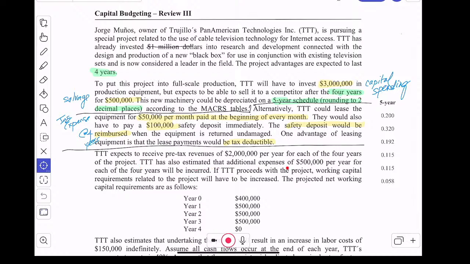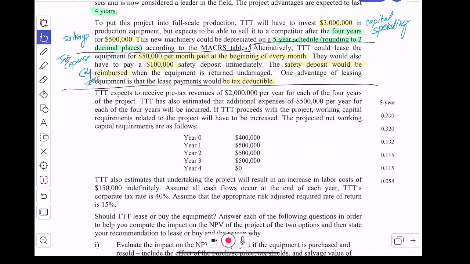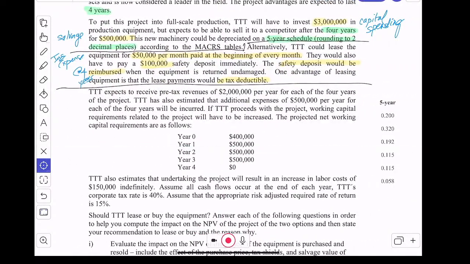Also estimated that additional expenses for each of the 4 years will be incurred. So for both projects, these are the same. If it proceeds with the project, working capital requirements related to the project will be increased. The projected net working capital requirements are as follows. So these are the requirements. They've been combined for you. They also estimate that undertaking the project will result in increased labor cost.